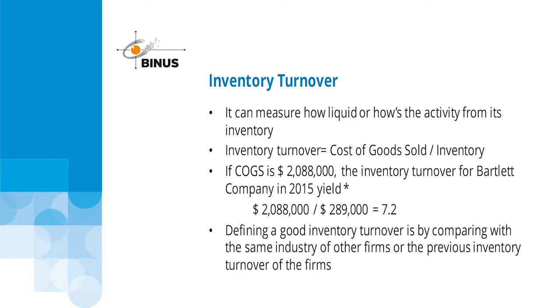If we have COGS of $2,088,000, with the same inventory as before, we will get 7.2. A good inventory turnover is defined by comparing with other firms in the same industry or with the firm's previous inventory turnover.